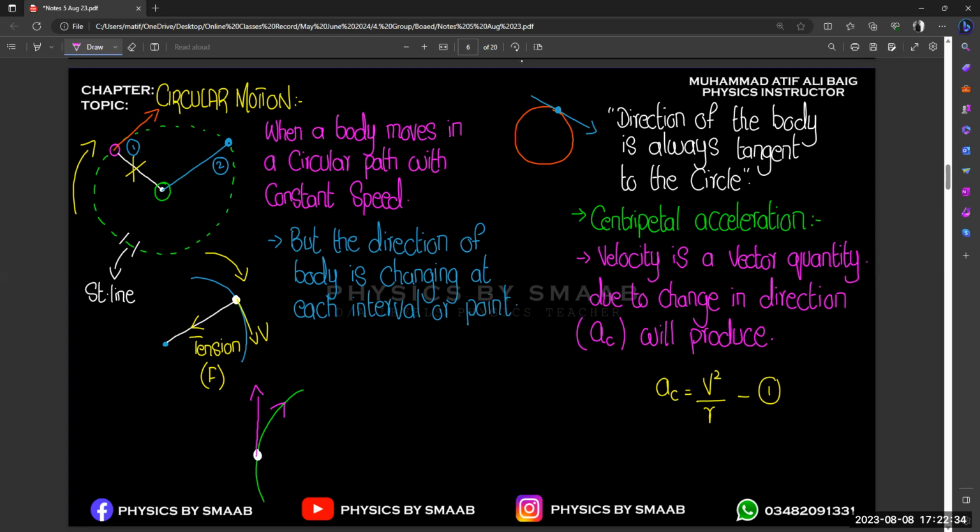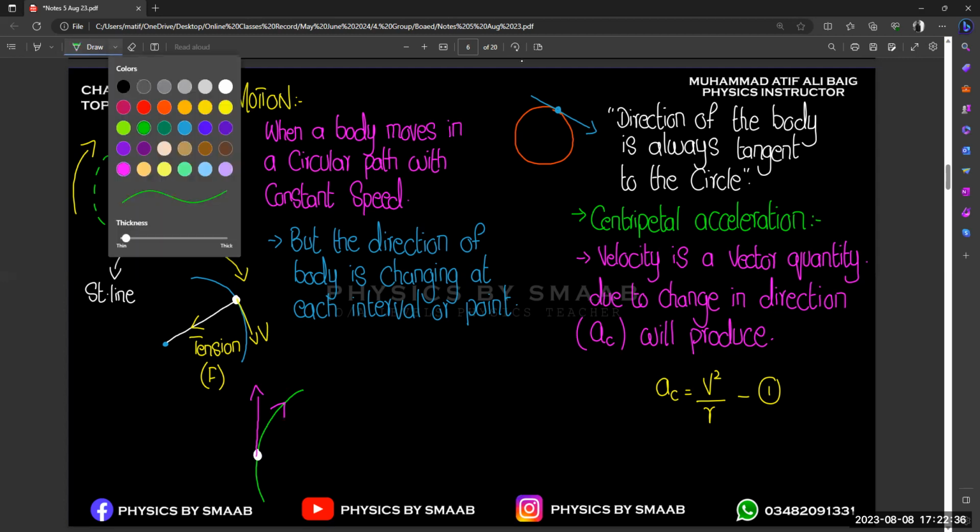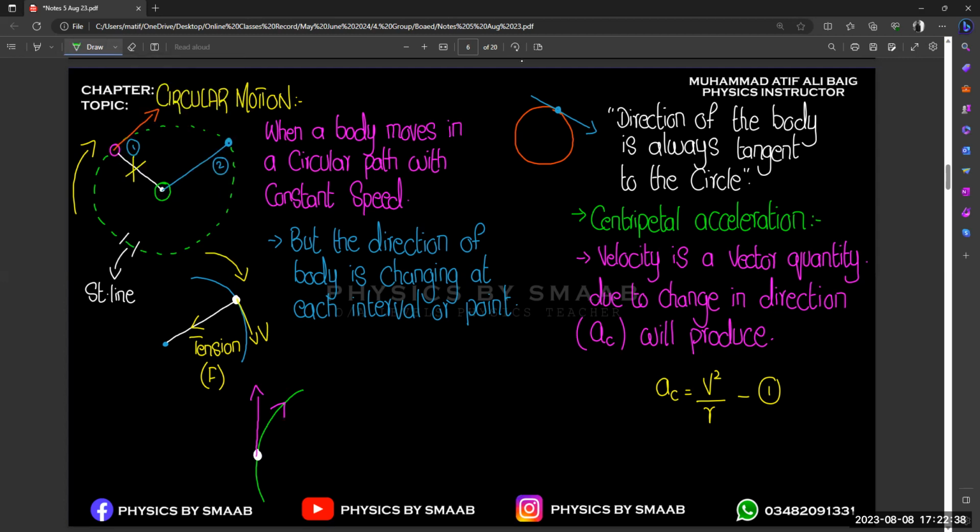Okay, so the concept of v square is, this line represents the concept of tangential velocity. Tangential velocity means velocity which is always tangent to the circle, right?